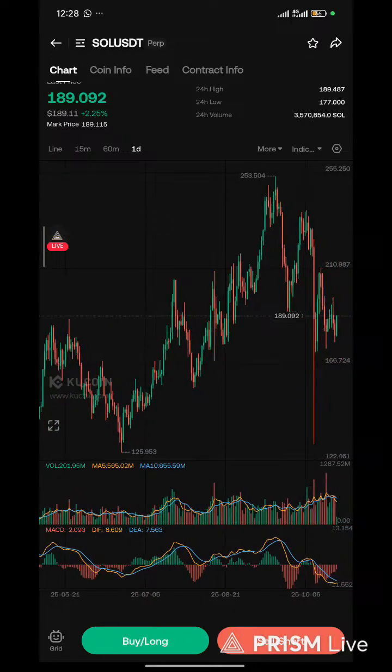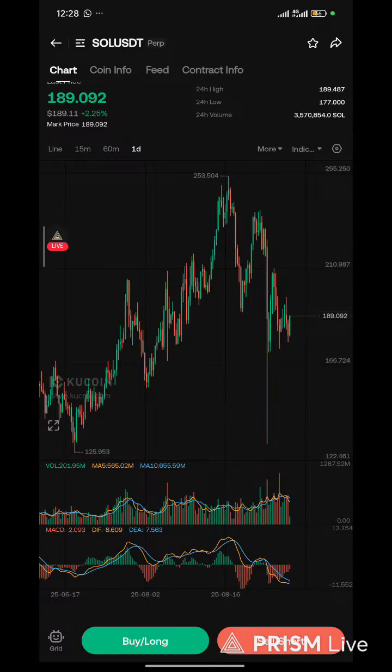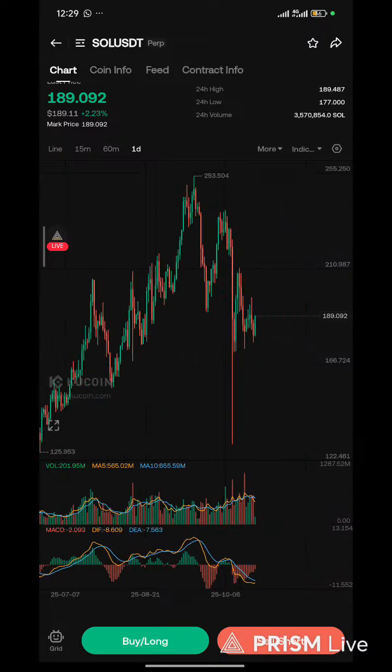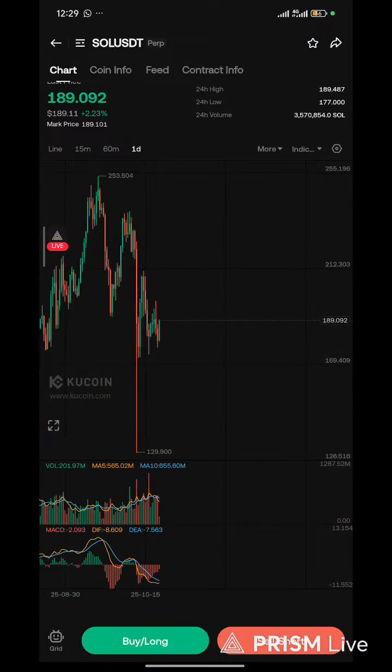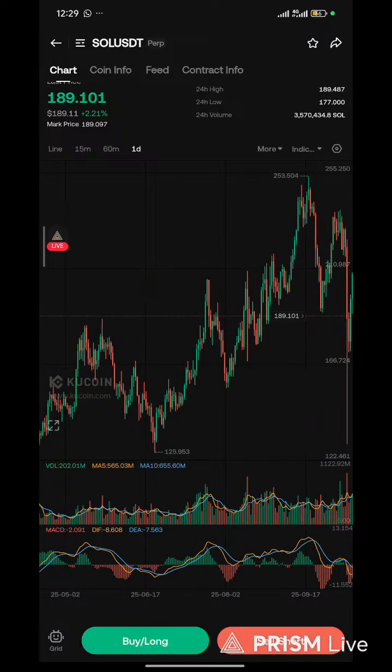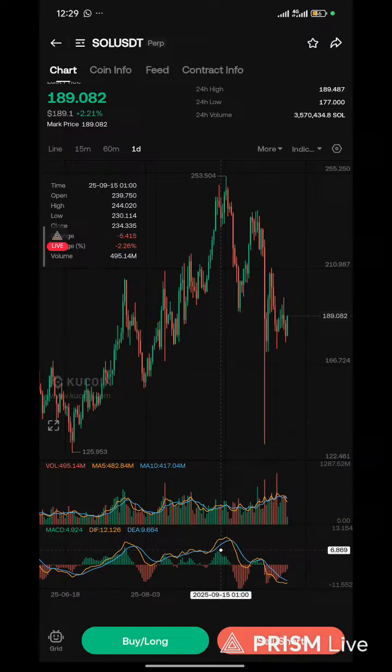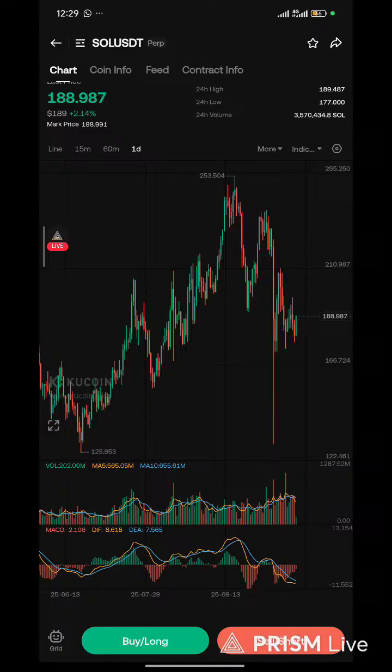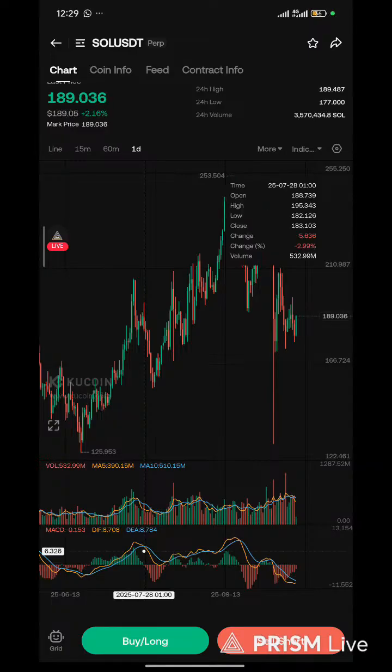MACD also helps you to know, as you can see, once the orange line crosses the blue line, I can see it here.